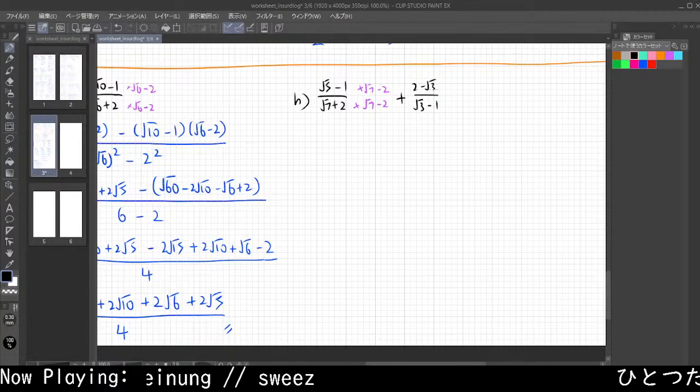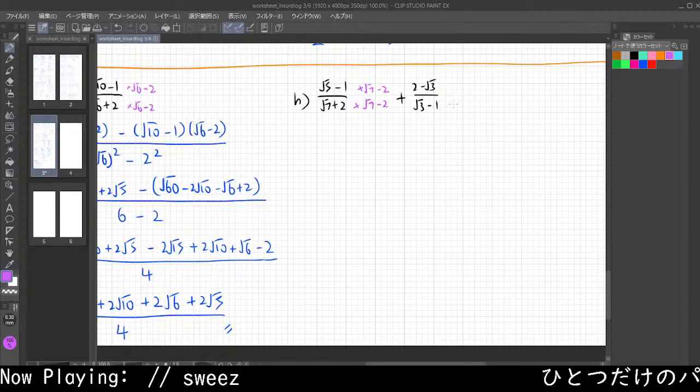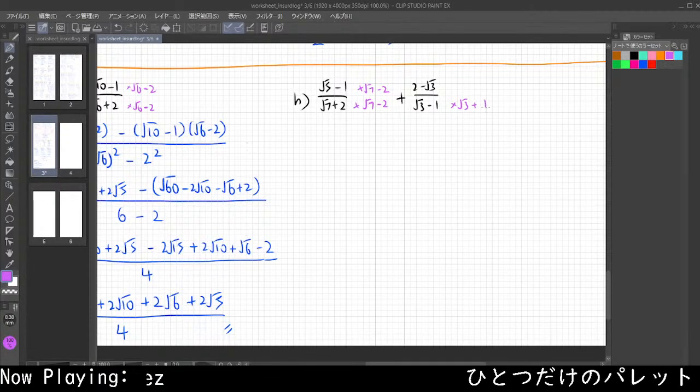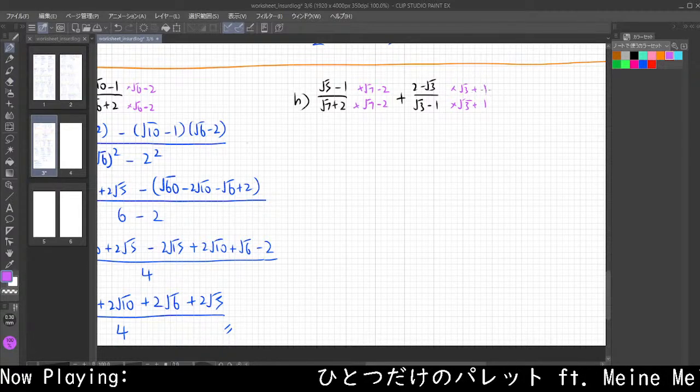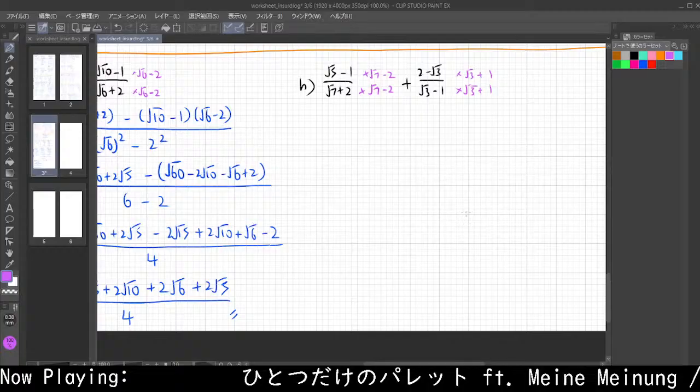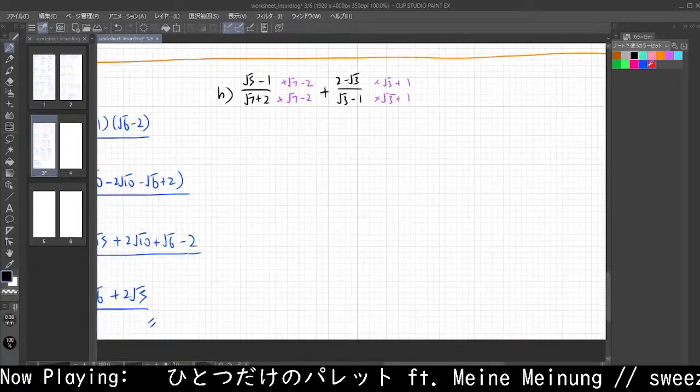The second fraction will start with the negative counterpart, so you multiply with the positive. It's not really counterpart, it's coefficient.